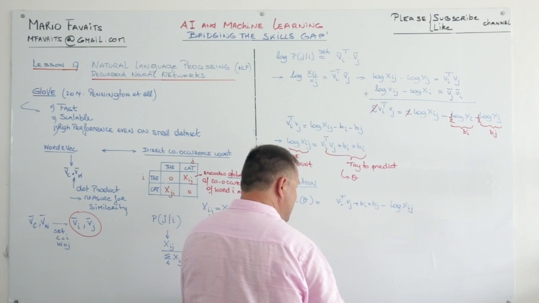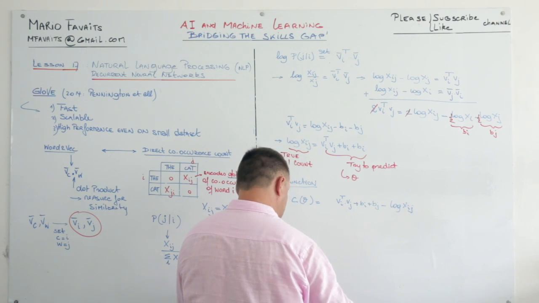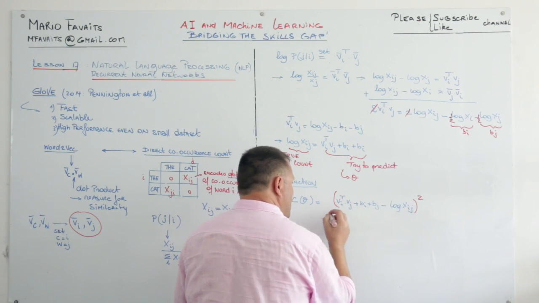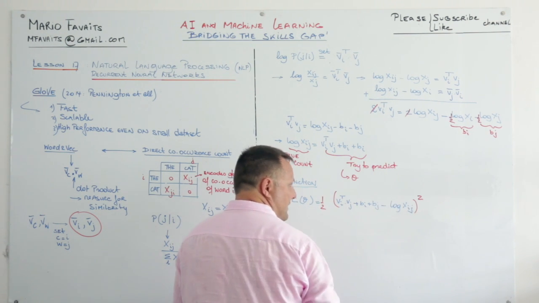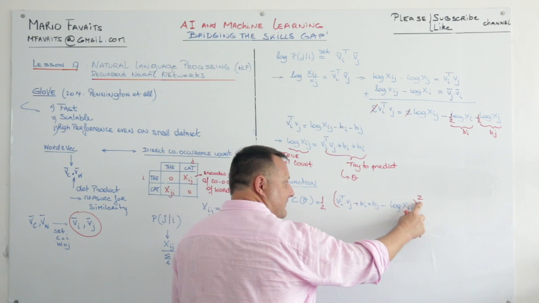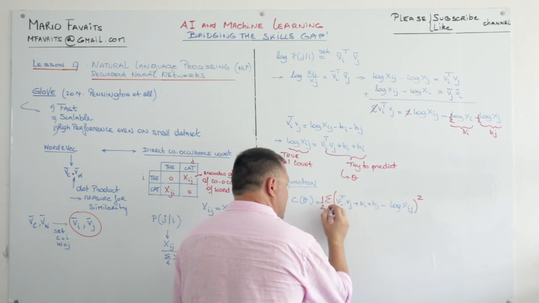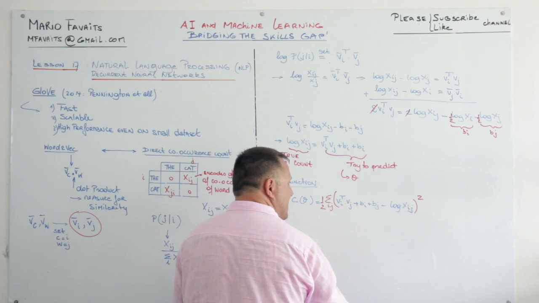So the difference is basically the error. And usually what we do is we take that between brackets, we square, we divide by 2, because when we take the derivative later, these two will come to the front, and we'll take the sum over i and j.